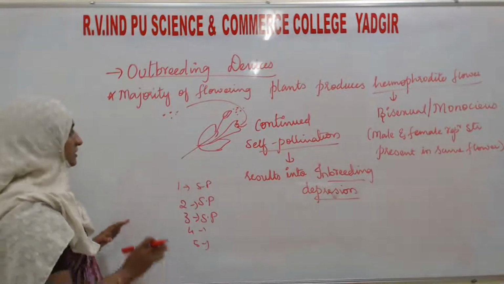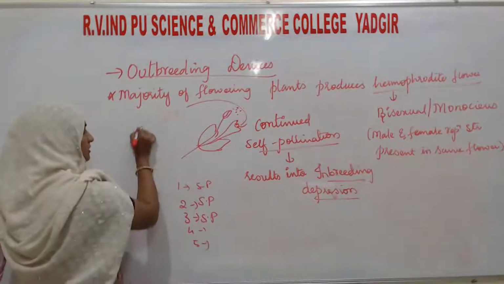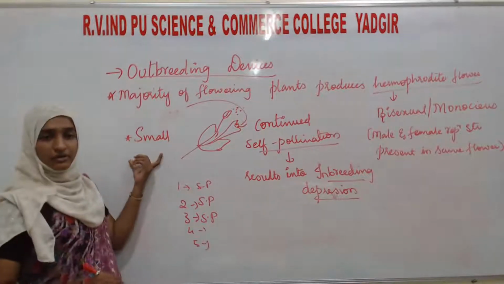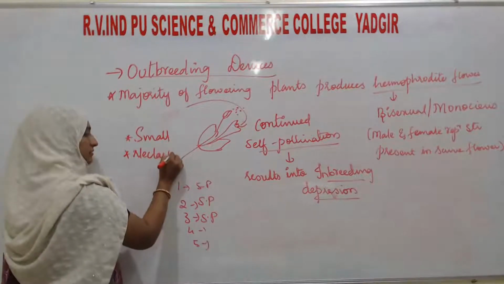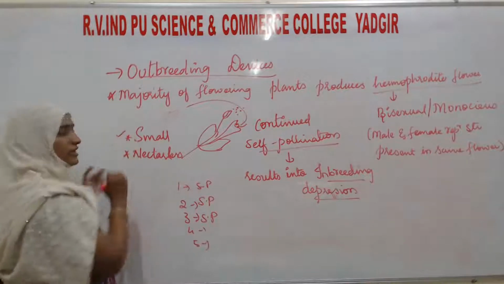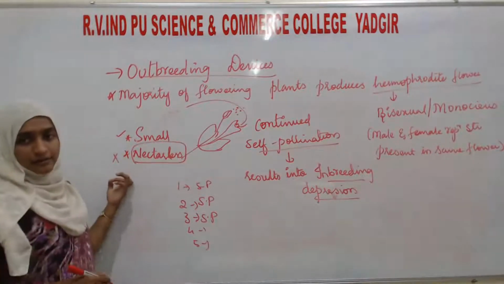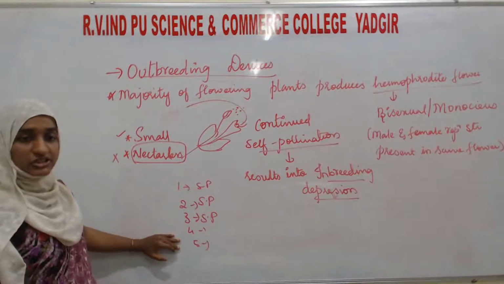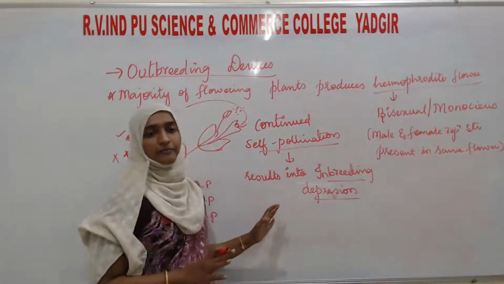So what happens means, one example I will tell. This flower is small. This is one character of the flower. One more character, that it is nectarless. Small is a good character, but nectarless is not a good character. If like this for many generations self-pollination takes place, these characters will lie in that particular plant.